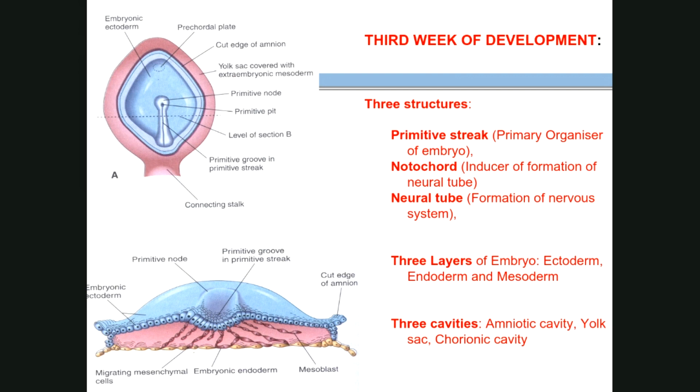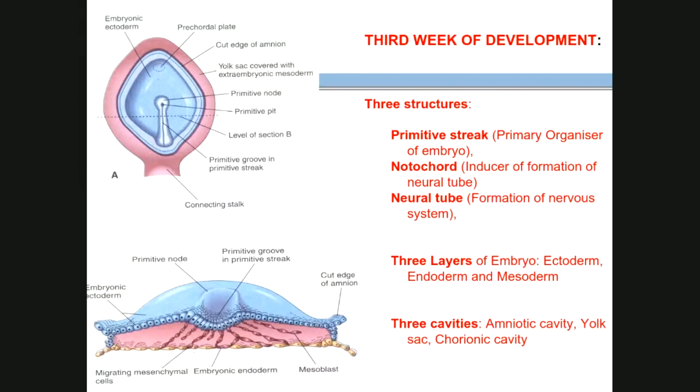What that means is, if the primitive streak does not develop, then further development does not happen. If the primitive streak is absent, the embryo will be aborted. It will be removed. No development. That's why the primitive streak is known as the primary organizer of the embryo.